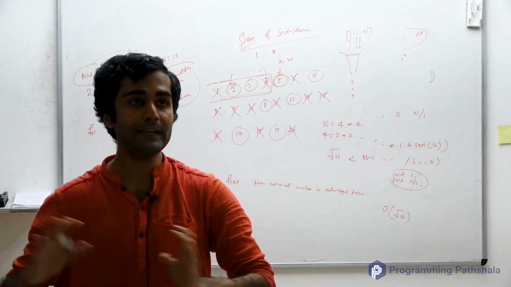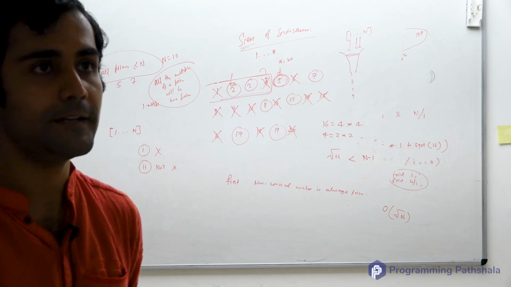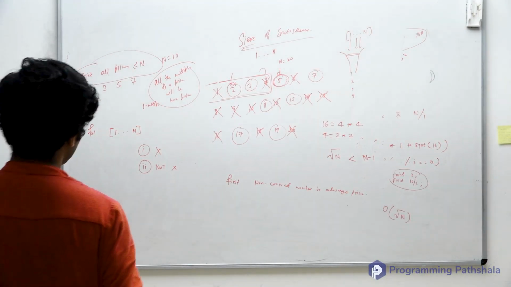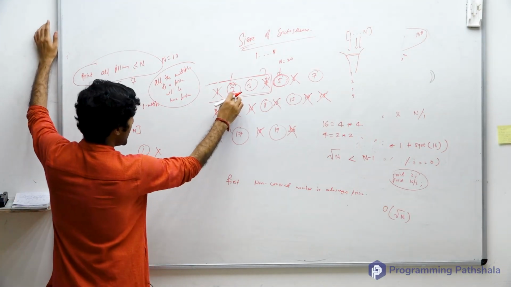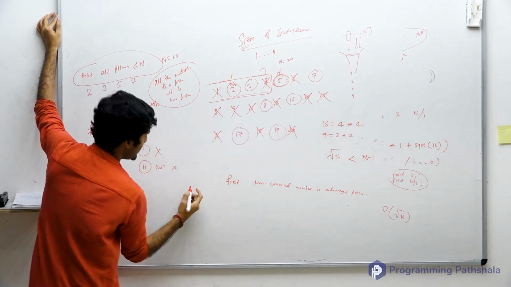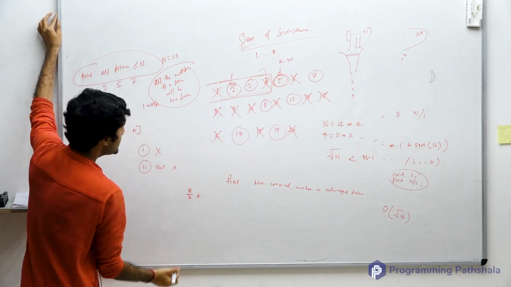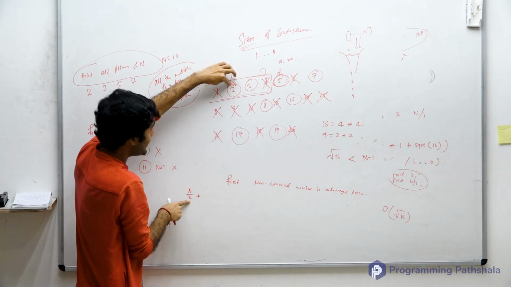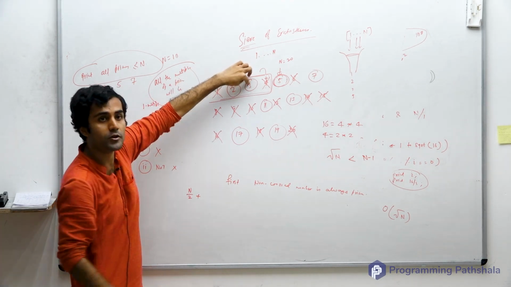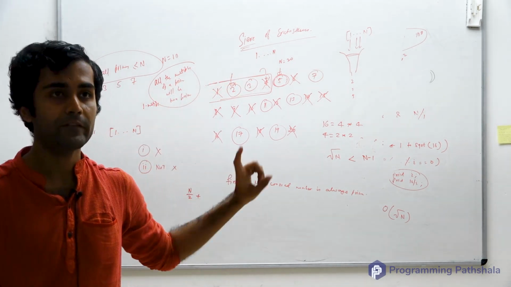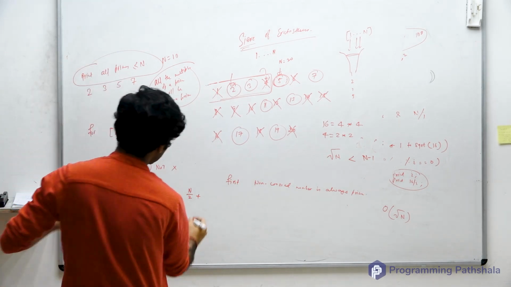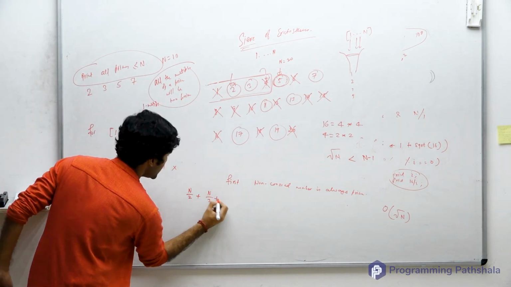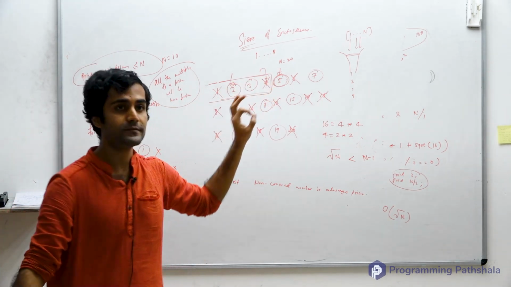Can you tell me how many multiples of 2 will be there from 1 to n? It should be n by 2. Now when you come to 3, the number of operations for 2 would have been n by 2. When you are at 3, the number of operations would be n by 3. When you are at 4, how many operations will happen?